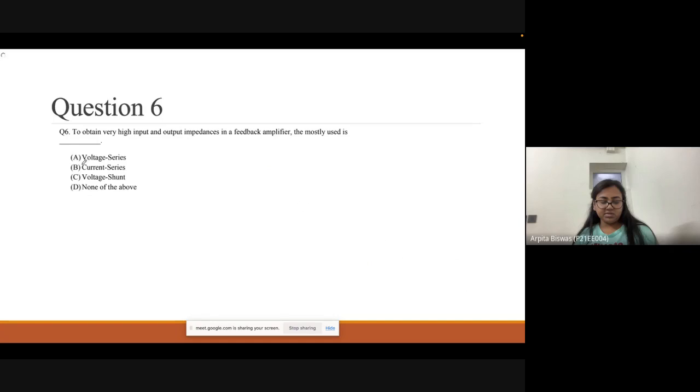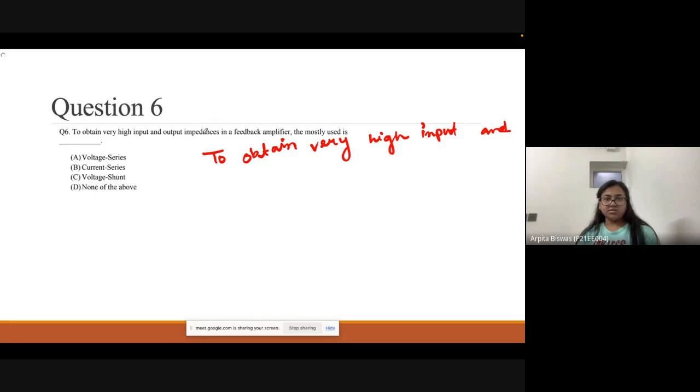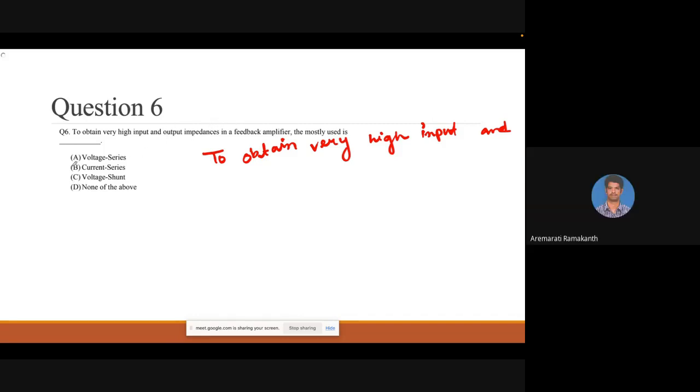Current series. Okay. Can you explain a little bit? Current mixing will give the high input impedance, it's just like series. Shunt sampling will give the high output impedance. So in a current series feedback amplifier, current sampling will give the high output impedance, and series mixing will give the high input impedance.